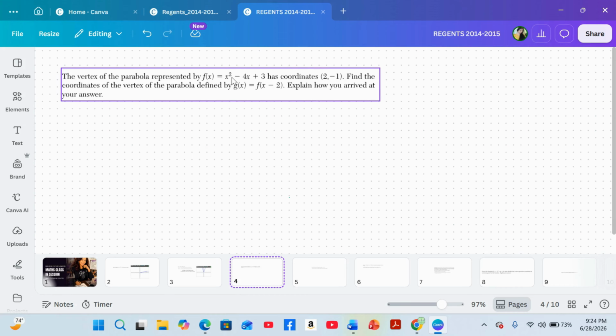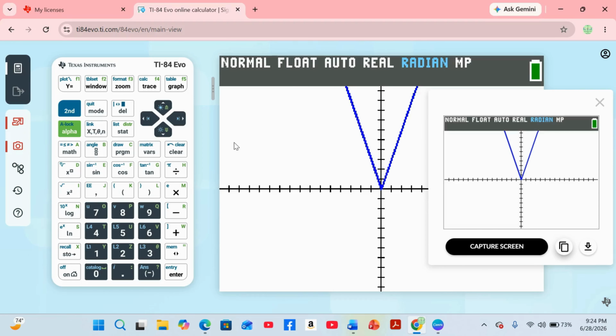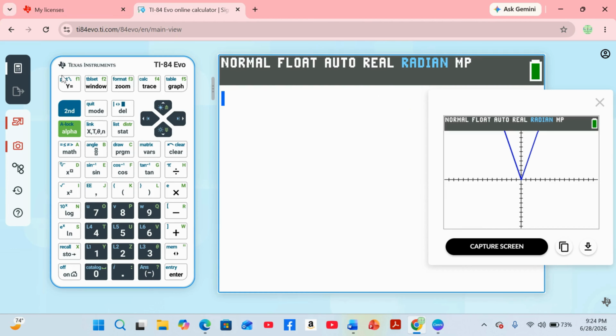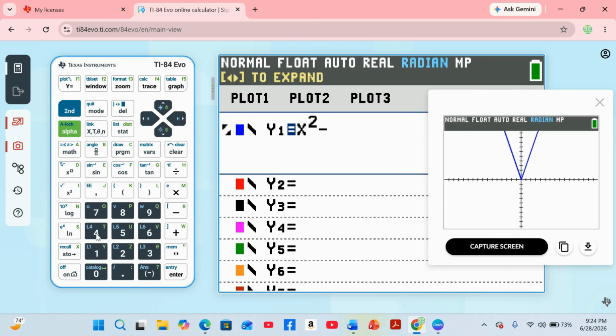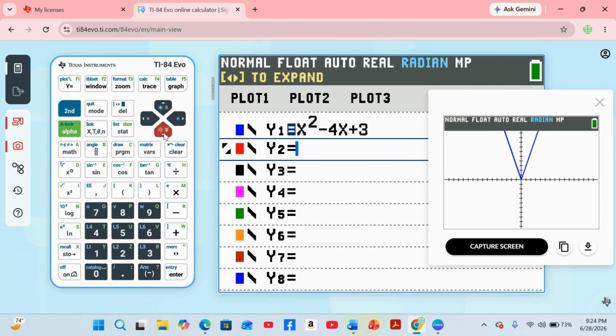So let's graph first. Parabola x squared minus 4x plus 3. This is x squared minus 4x plus 3.